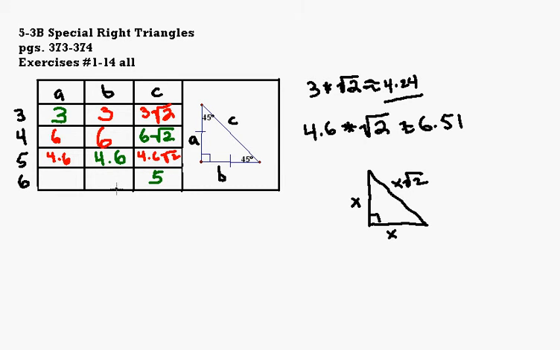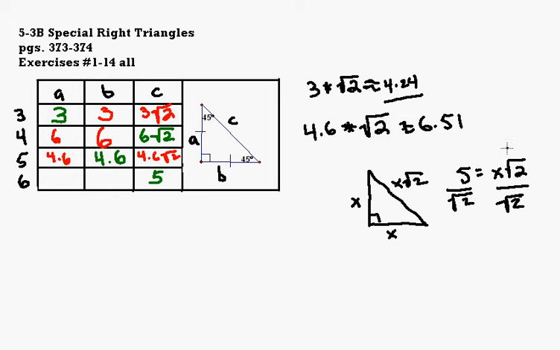If I want to find out what A and B are, I know 5 is equal to X square root of 2. Well, in order to find the value of X, I'm going to divide both sides of the equation by the square root of 2.